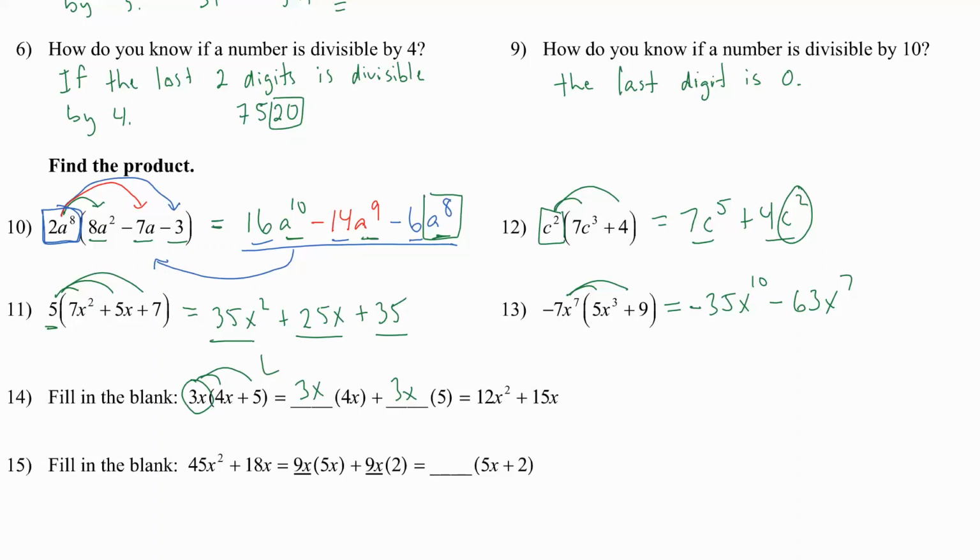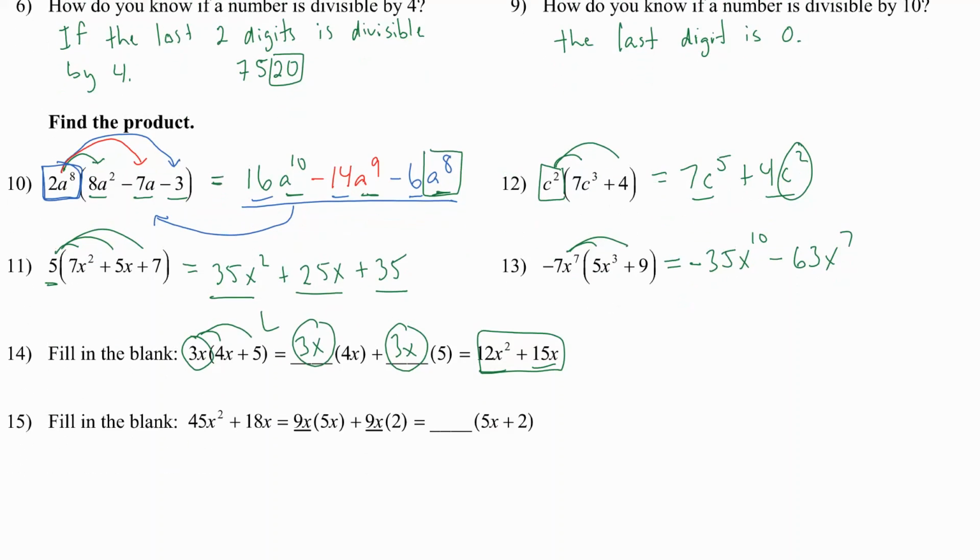So we did 3x times both of those, that factor on the outside, and if you multiply those, you get 12x squared, and 3x times 5 is 15x. But the point of this question is, how are we going to go backwards? How are we going to find this number that's part of each of those terms?